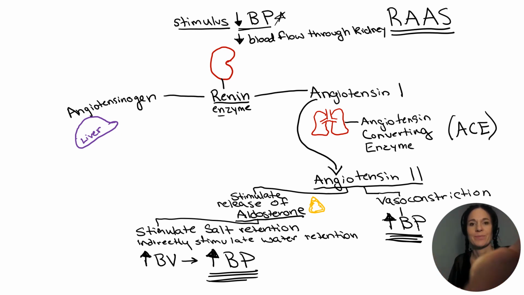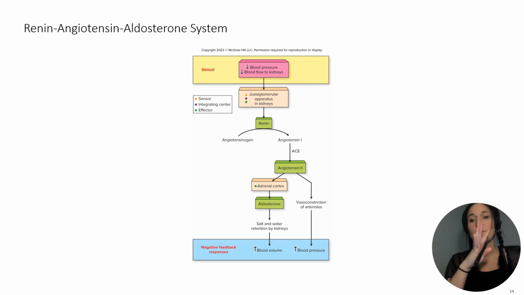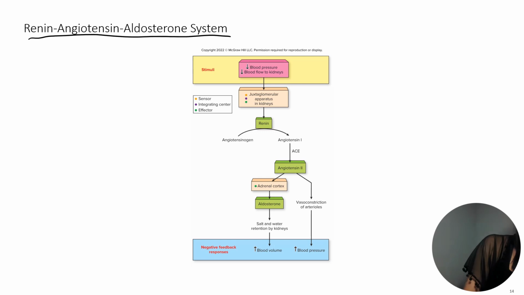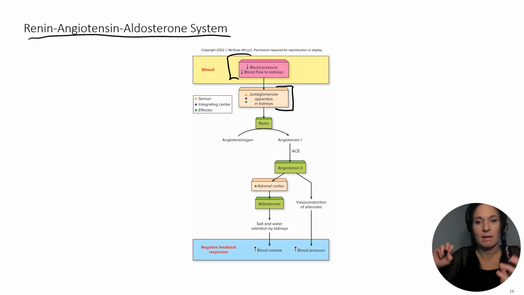So here is the renin-angiotensin-aldosterone system, one more time, the image from the book. I like mine much better, but that is okay. We can go through this as well. We can see our stimulus. We have a decrease in blood pressure, which means a decrease in blood flow through the kidney, which can be detected by the specialized cells in the kidney that we'll talk about in Unit 5, but they will stimulate the release of renin.